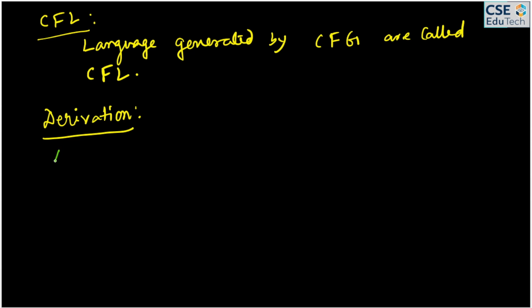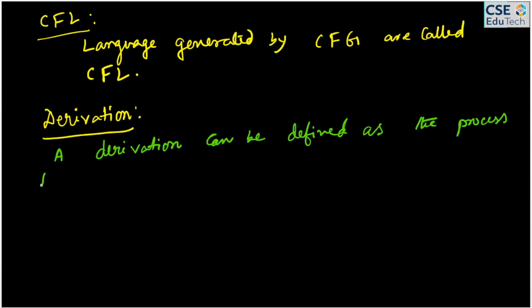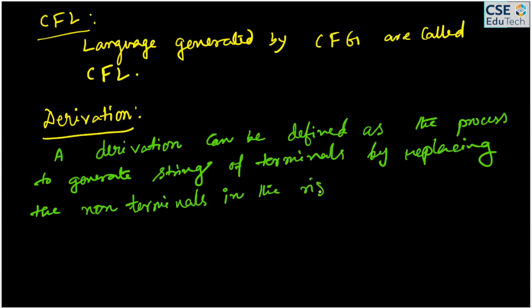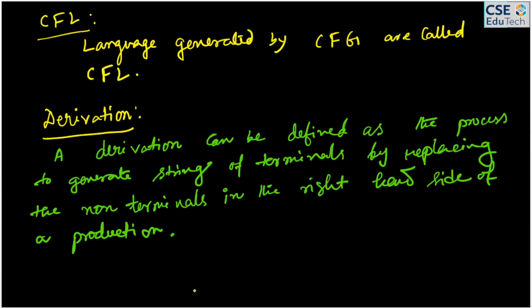So formally, a derivation can be defined as the process to generate strings of terminals by replacing the non-terminals in the right hand side of a production. So this is basically the derivation.